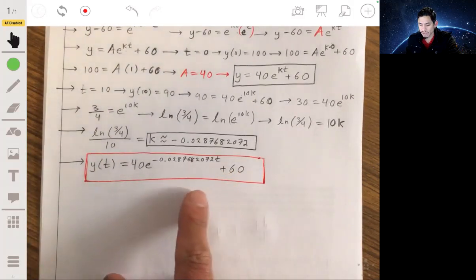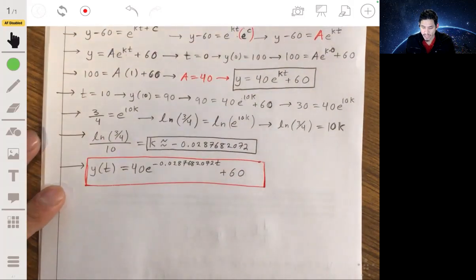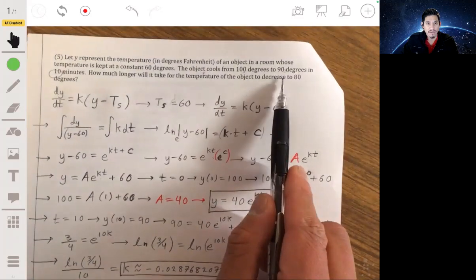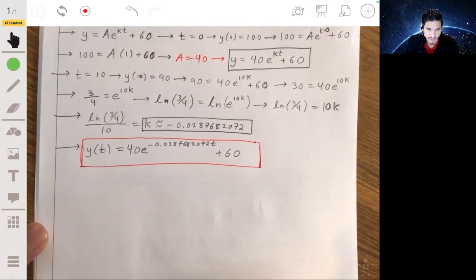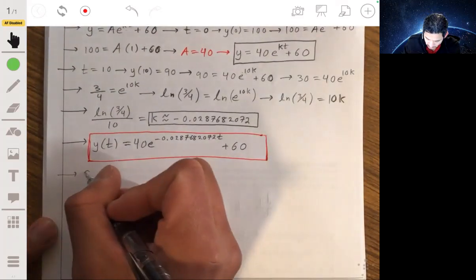All right, now that I have my equation for y, I can figure out how long it's going to take to cool down to 80 degrees by just setting this equation equal to 80 and solving for t. So making this equal to 80.